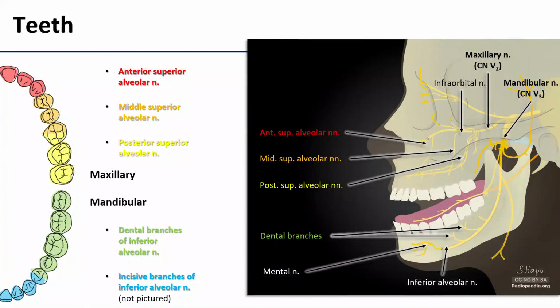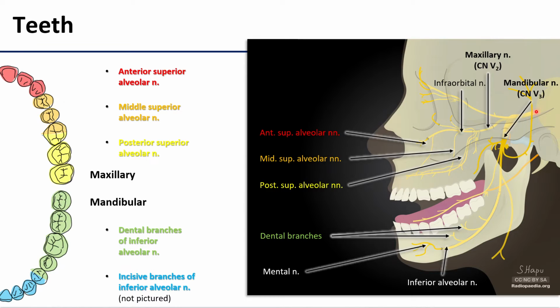And speaking of teeth and chewing, all teeth are going to receive somatic sensory innervation from the trigeminal nerve. The maxillary teeth are innervated by branches of the maxillary division, and the mandibular teeth are innervated by branches of the mandibular division. The innervation of the maxillary teeth is split up among three branches from the maxillary nerve.